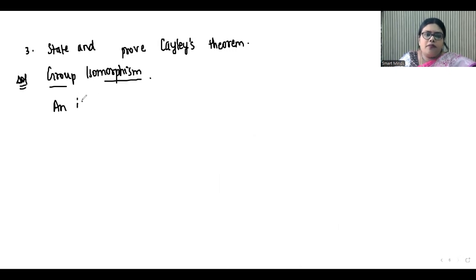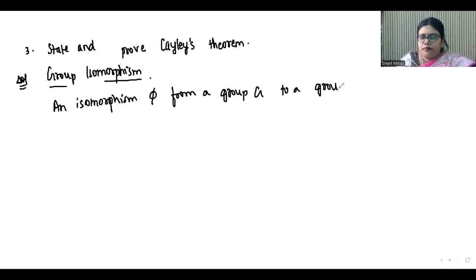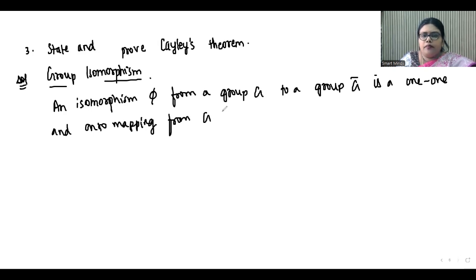So an isomorphism phi from a group G to a group G bar is a one-one and onto mapping from G to G bar that preserves the group operations.